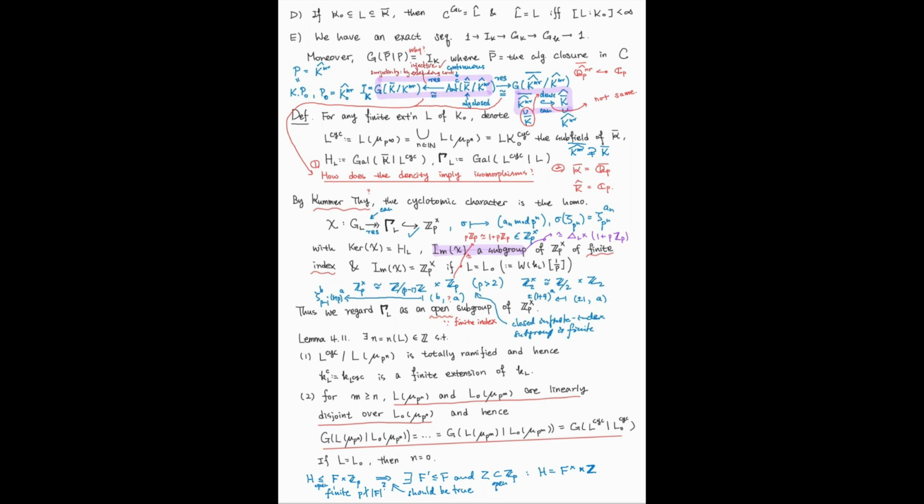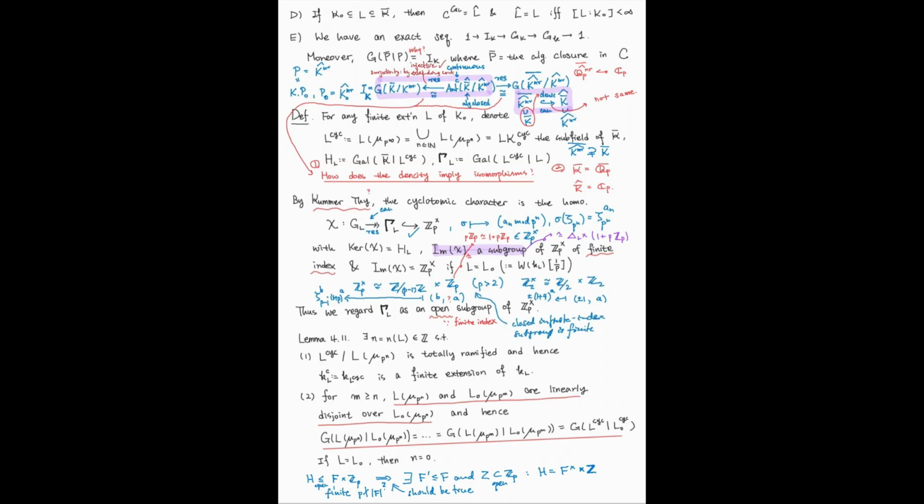Okay, I see, the Galois invariance of G_L in C. And L hat is equal to L if and only if L over K0 is a finite extension.